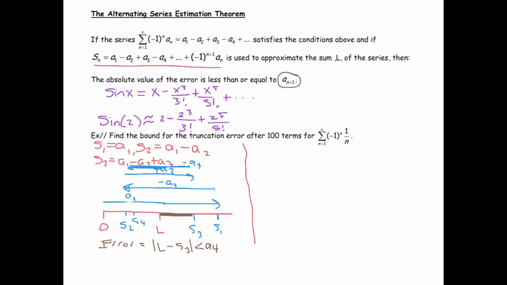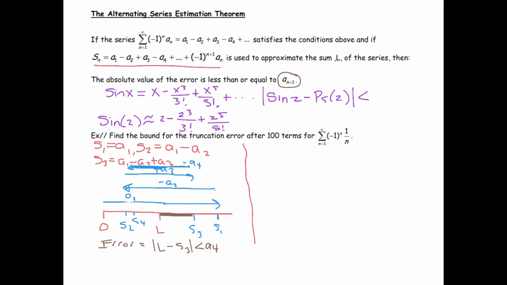So in our example above, we can say that if I was going to use the fifth partial sum to approximate sine of 2, we know that sine of 2 minus the fifth degree Taylor polynomial I'm using, evaluated at 2, that difference is going to be less than the next term, and the next term is negative 2 to the 7th over 5 factorial.